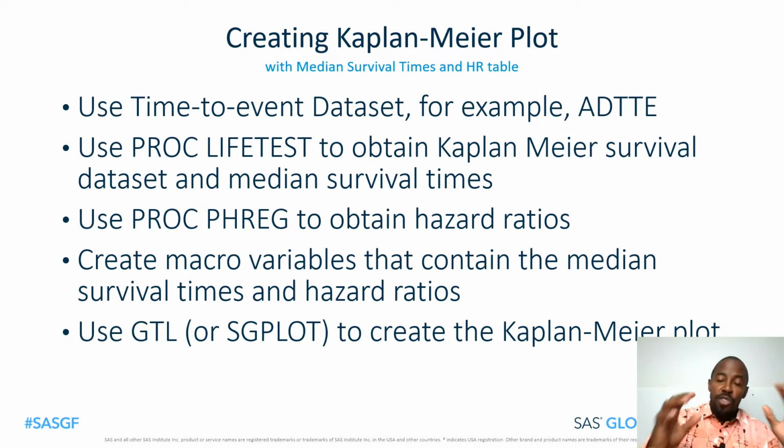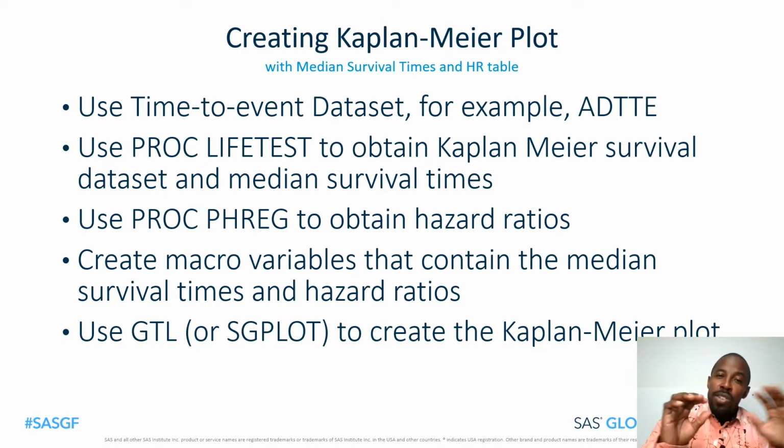After you have created your hazard ratios and median survival time datasets, you can use the INTO clause from the SQL procedure, or you can use the CALL SYMPUT routine to create macro variables which have the hazard ratios and median survival times as the macro variable values.